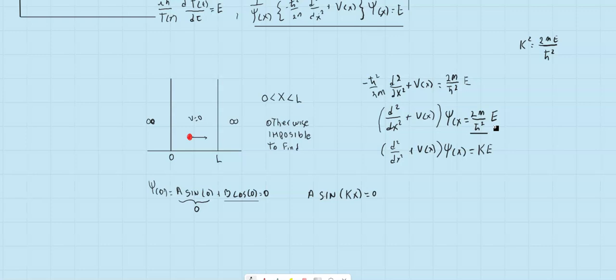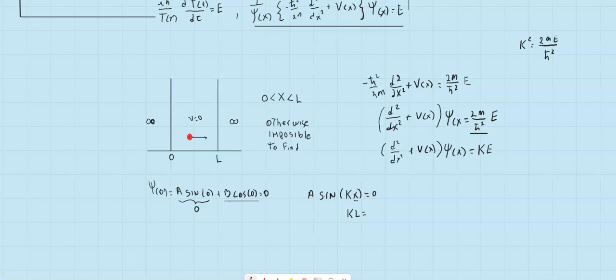And remember, where x is, I'm going to place L. So k times L gives you 0 when you have sine. Sine of what? Well, A could be 0 and you're going to get 0, but that's not done here.